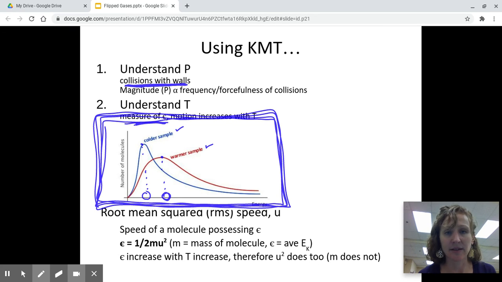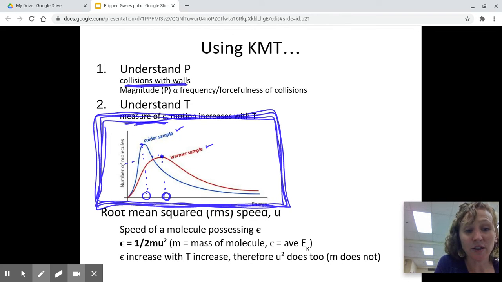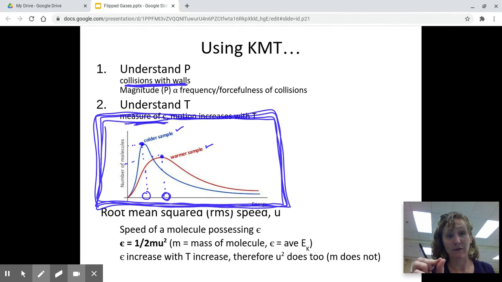That makes sense. But there's another thing we can observe: in the warmer sample, actually fewer molecules are at that average. It's more evenly distributed between faster and slower molecules, whereas the colder sample has more molecules at that average. It's less evenly distributed.